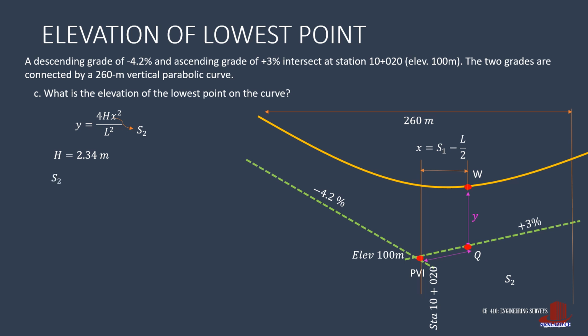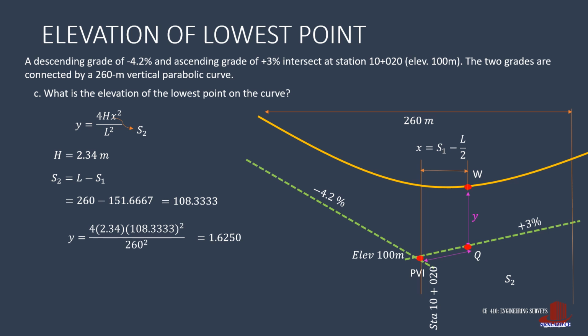We need to solve S2 then, and it is simply the whole length less S1. That is 260 minus 151.6667, giving 108.3333. Place these two figures into y and get 4 of 2.34 with the square of 108.3333 over 260 squared.